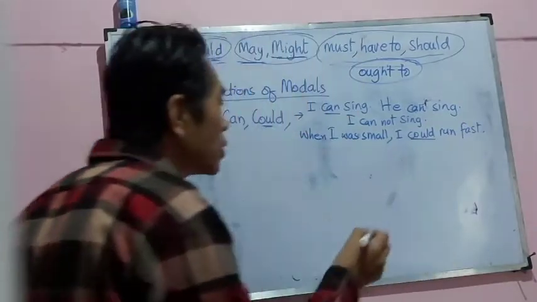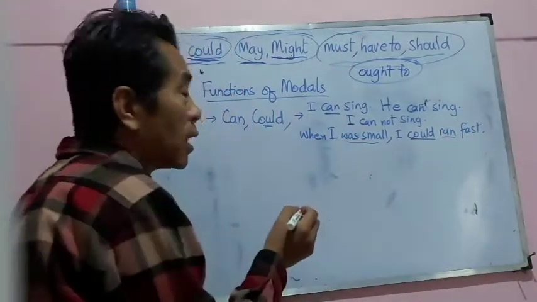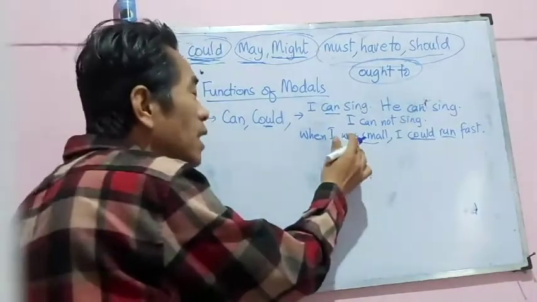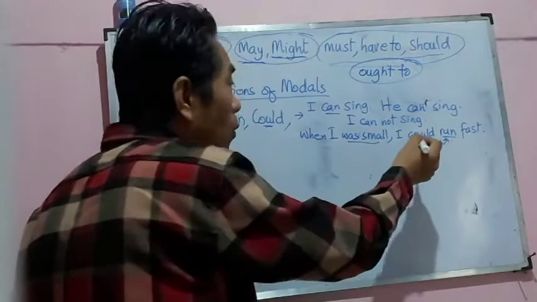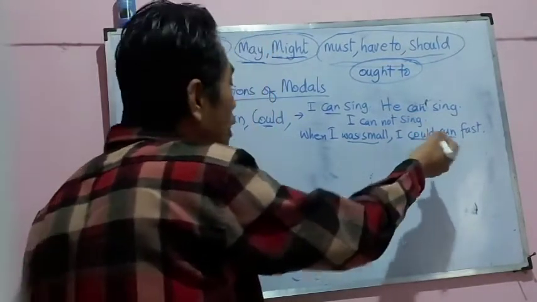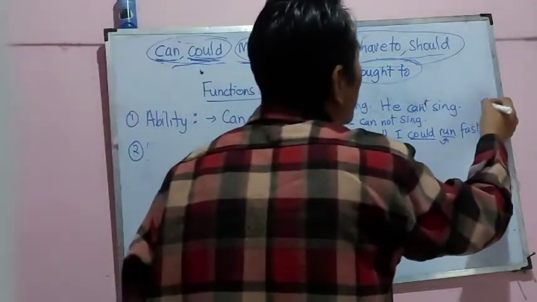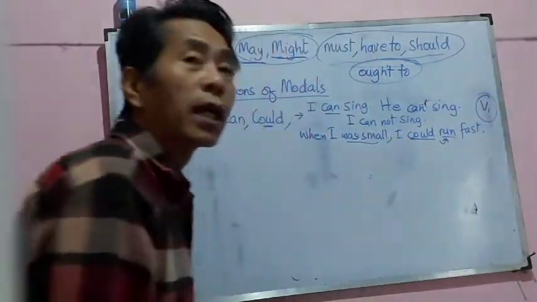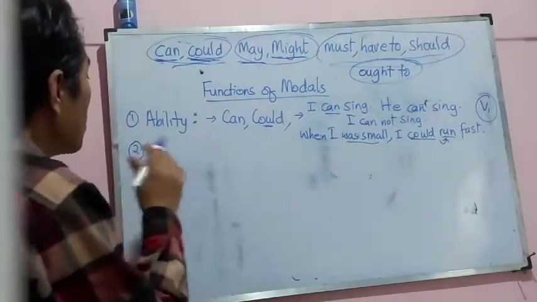I could, verb 1. We are talking about a past incident, but you see we use verb 1 here. Why? Because we use a model. So I told you, whenever we use a model, the verb is always verb 1, even if we are talking about a past incident. So that is the ability.